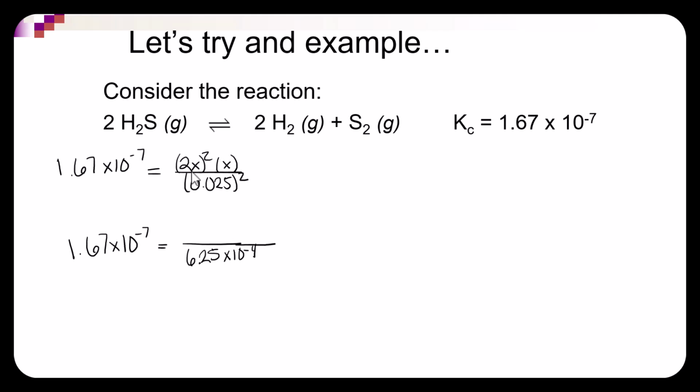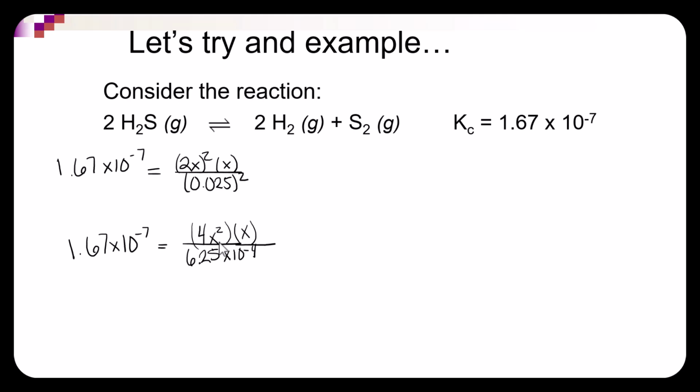And then on the top, this 2x squared, I'm going to distribute that through. So we've got 4, so 2 squared is 4. X squared is x squared. And then we still have that x that we're multiplying. When we multiply x's together, we essentially add the exponents.